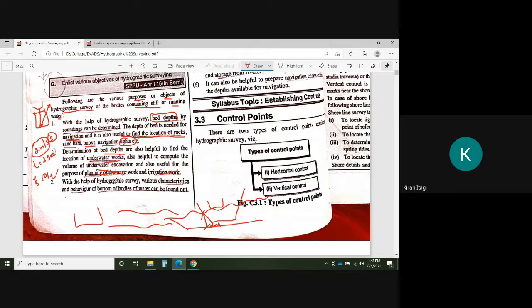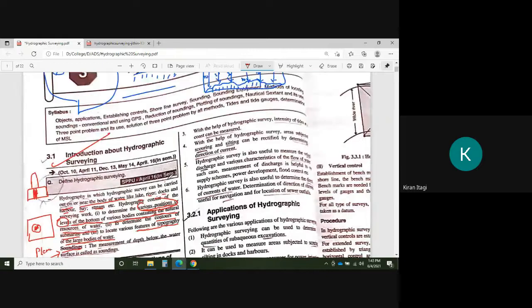With the help of hydrographic surveying, various characteristics and behavior of the bottoms of bodies of water can be found out. With that, we can determine the intensity of the tides. We can determine the scouring and silting.